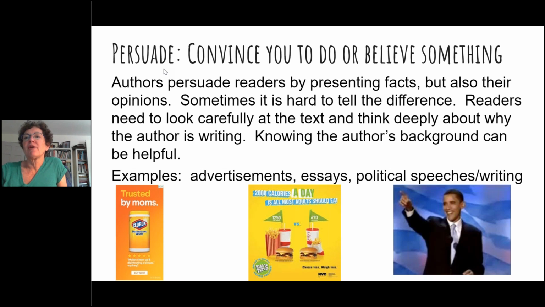Sometimes we have difficulty figuring out what is a fact and what is an opinion, and that we need to look at. A fact is something that can be proved, but an opinion is something that really cannot be proved.